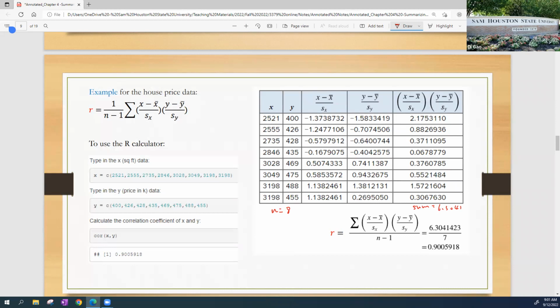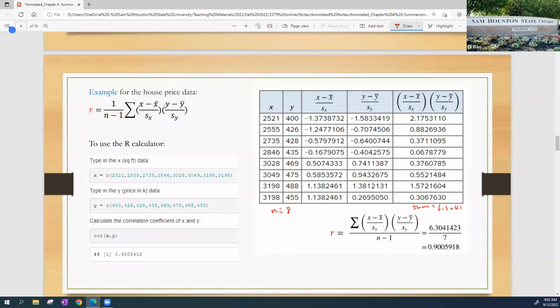And then R is 0.9006, which is very close to positive 1. That means x and y have a strong linear association, linear relationship.